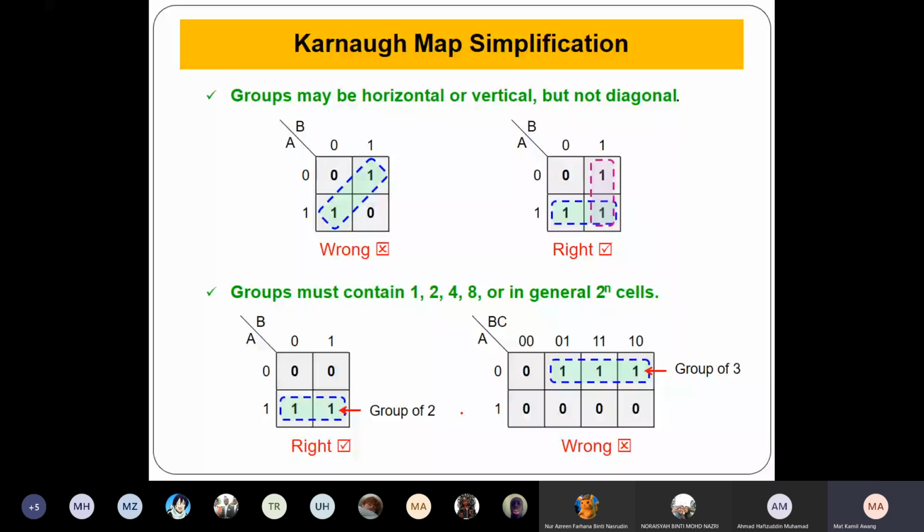Because this one you cannot group. Because this is actually, you can only group this. Because C is constant. And this C changes already.